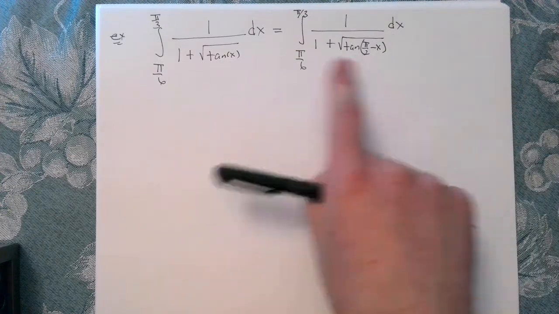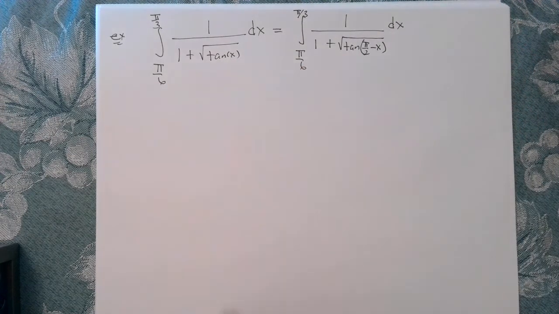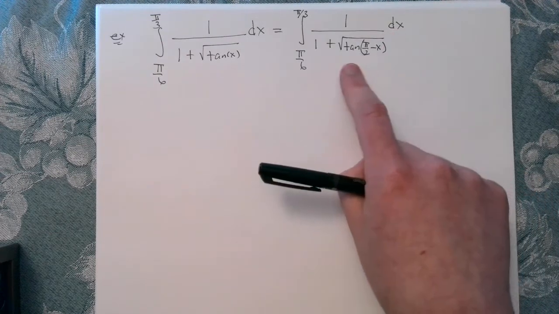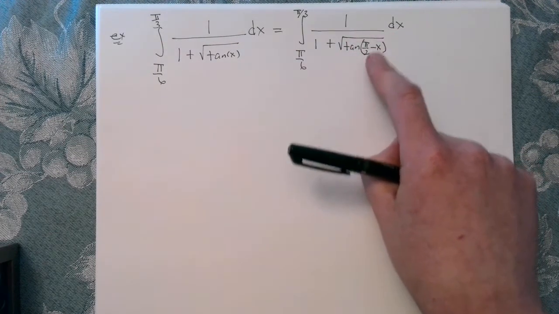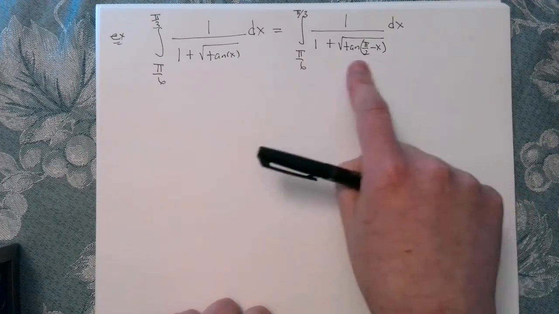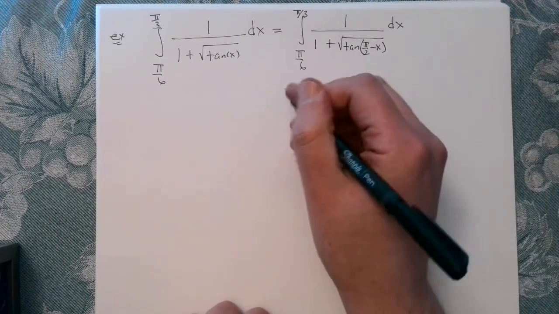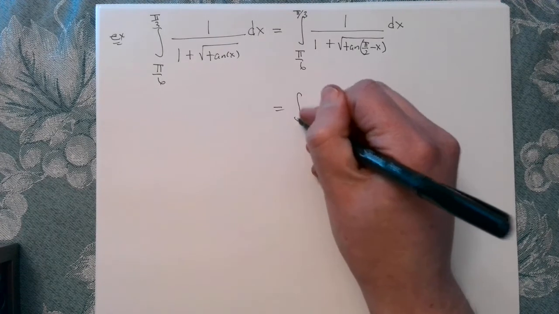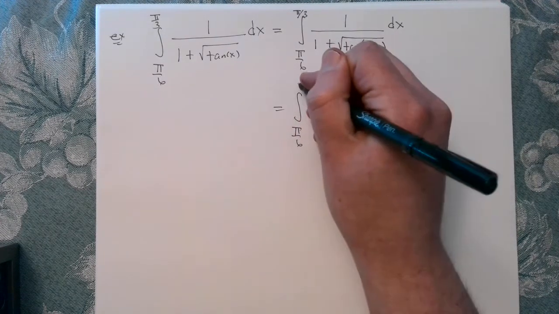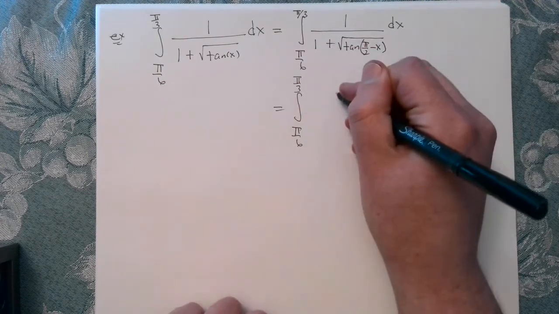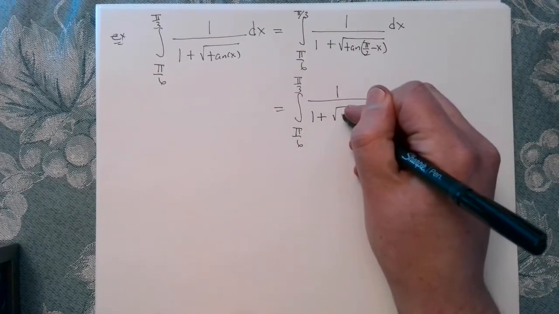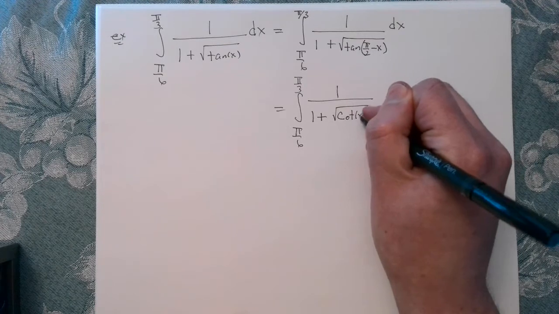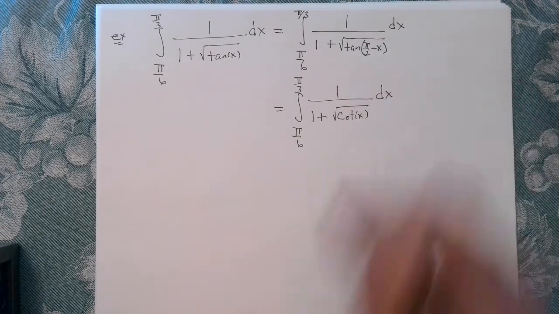So here's the application of that theorem. And that's actually going to be pretty handy because that's cotangent. Remember, tangent of pi over 2 minus x is exactly cotangent of x. So we can call that the integral from pi over 6 to pi over 3 of 1 over 1 plus the square root of cotangent of x dx.